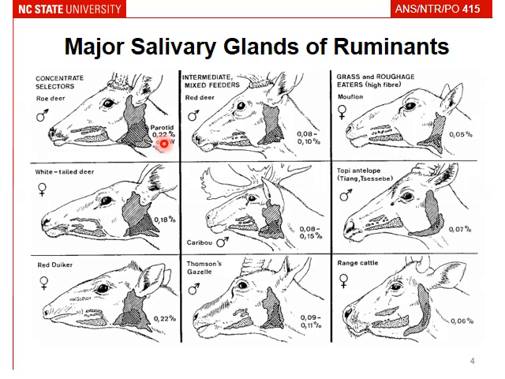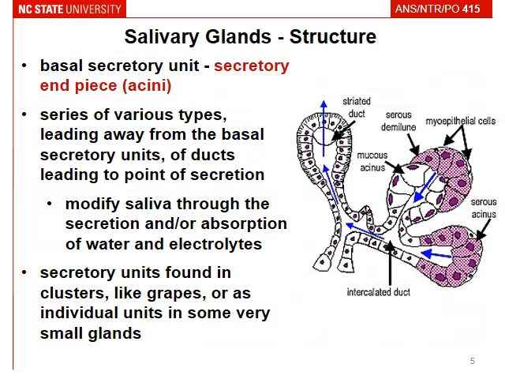You can see here that, for instance, in the roe deer, the parotid gland is 0.22% of the body weight of the animal, compared to cattle, where that parotid gland is 0.06% of the body weight of the animal. Saliva enters into the lumen of the salivary gland, or the duct, and then once it's within the duct, the saliva is actually modified.